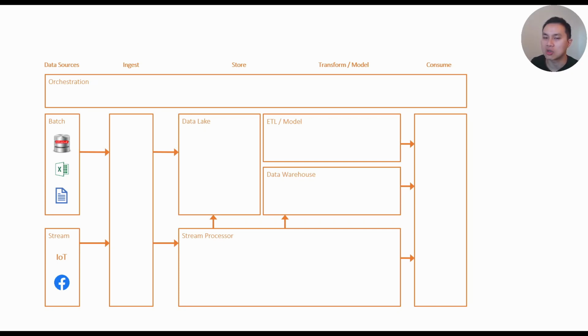Whereas in streams, you can have an IoT device sharing some data in real time, or maybe Facebook comments. At the top, orchestration. These are some of the tools that are quite famous from the cloud giants: Azure Data Factory, AWS Glue, GCP Composer, or GCP Cloud Dataflow.